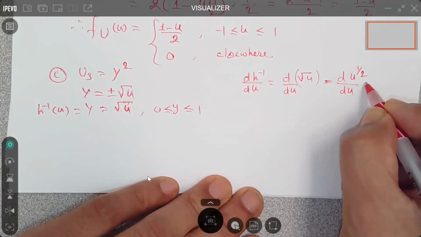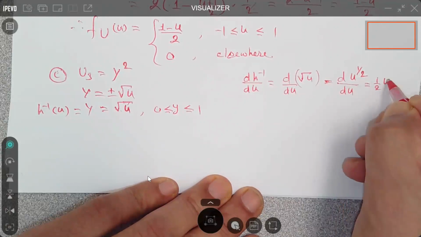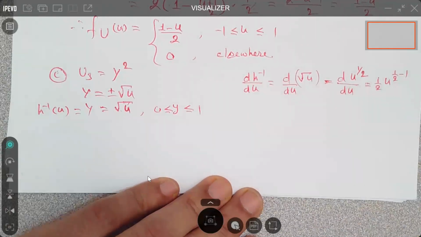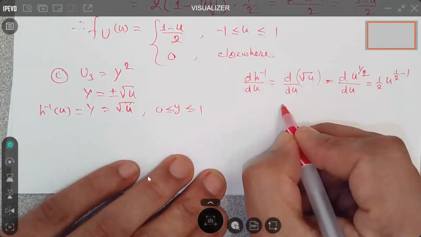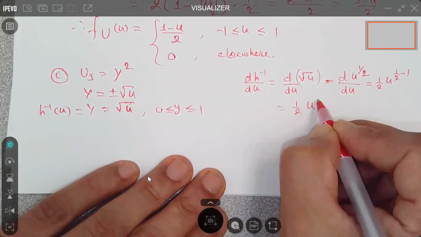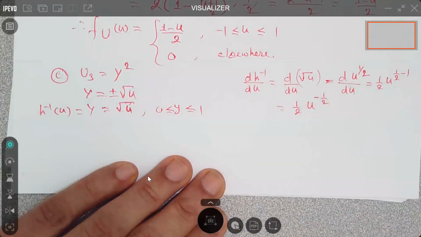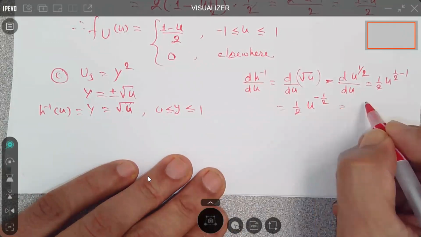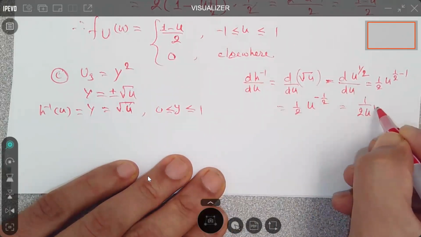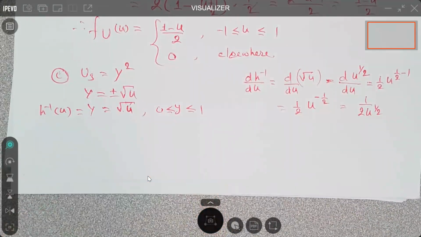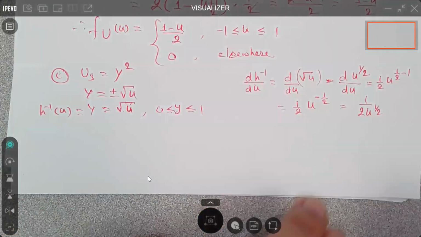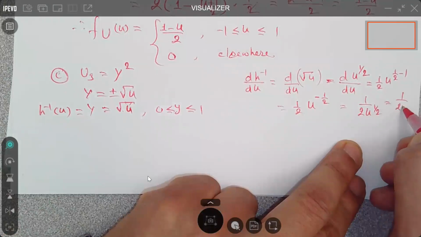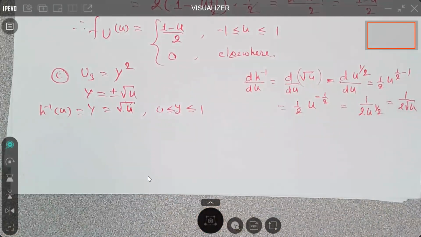So this is equal to 1 over 2 u to the power 1 over 2 minus 1, so this is equal to 1 over 2 u to the negative 1 over 2, which is 1 over 2 square root of u. That is the derivative, right?